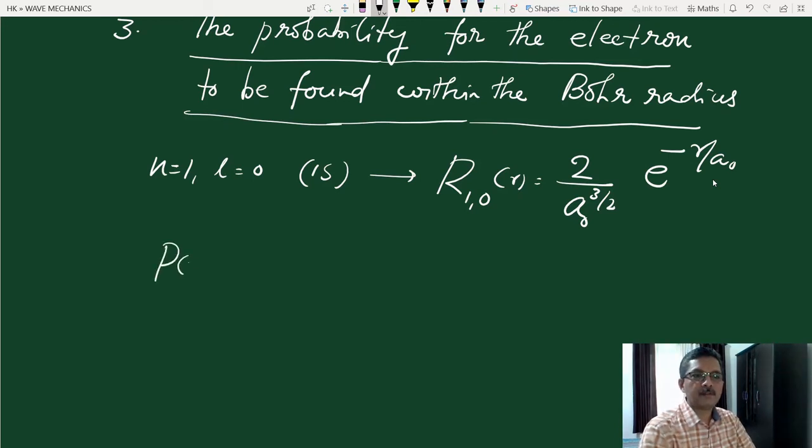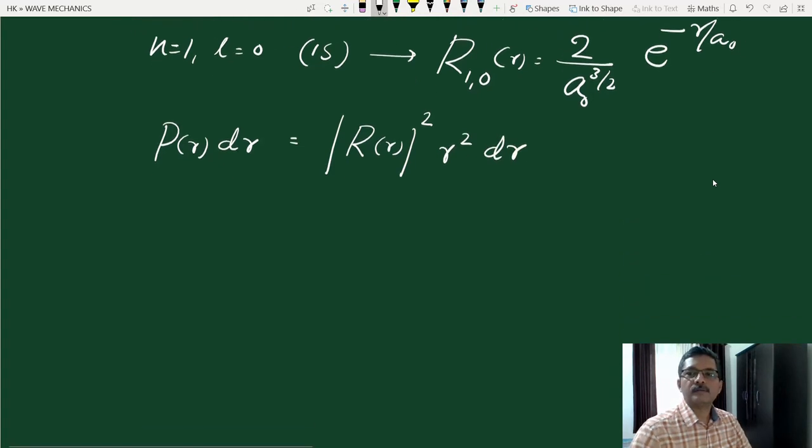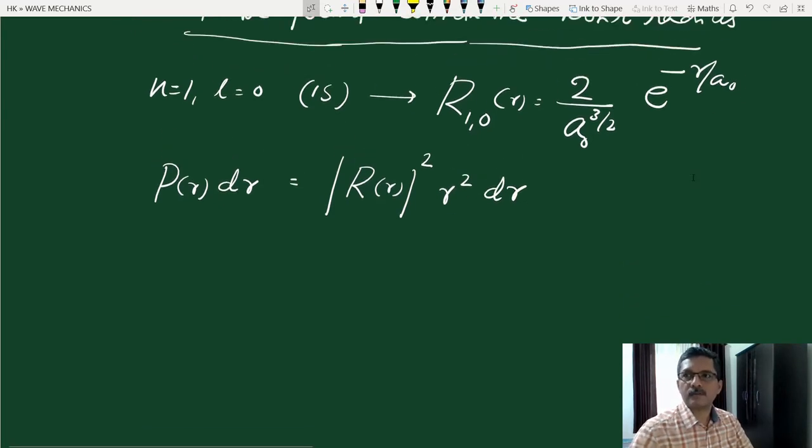Let us start with the probability for the electron to be found between r and r plus dr. This value is mod R squared, r squared dr. So let us take the square of this radial wave function.